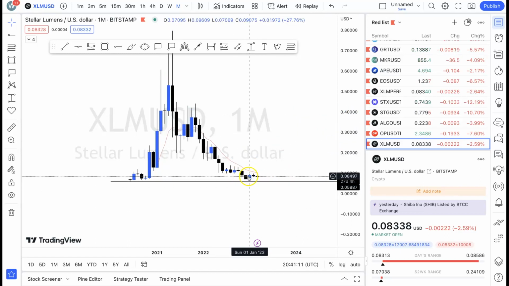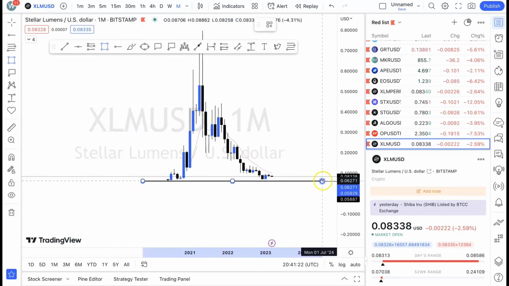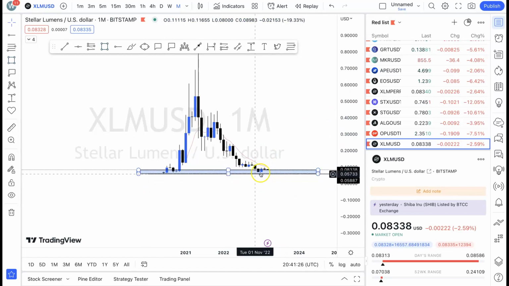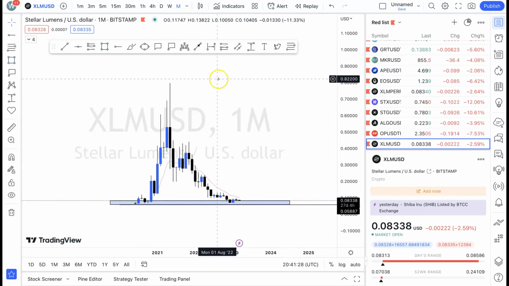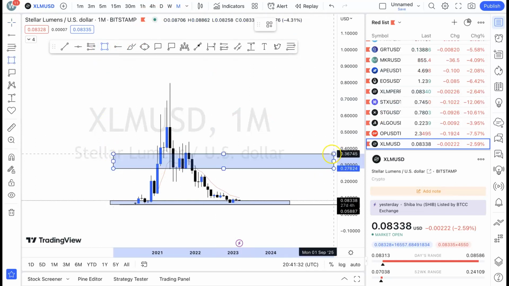People don't like buying here. People always want to buy when things look positive, right? But the people that buy here are the ones that make the most money. So if you're going in on XLM, you're actually buying a gem right here. So expect price to pull up from this zone into this area.